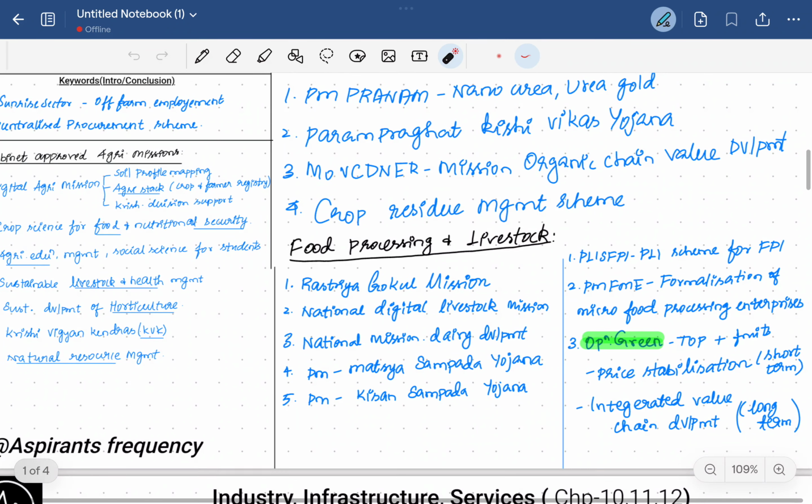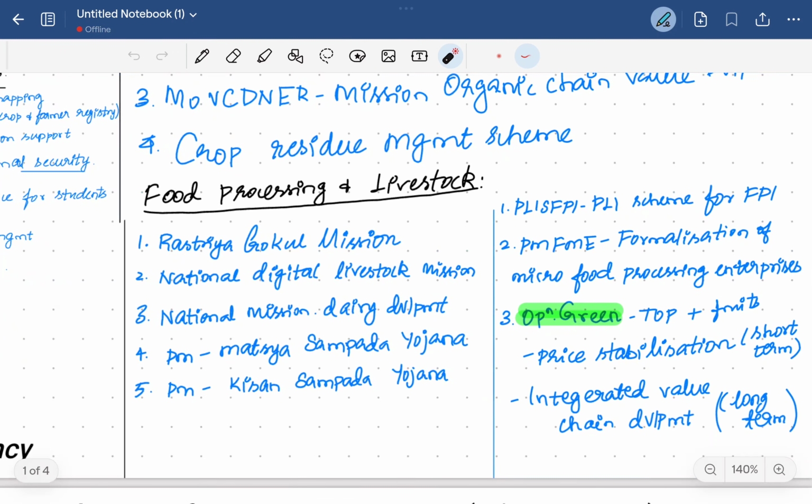Then the food processing and livestock schemes discussed here are the Rashtriya Gokul Mission, National Digital Livestock Mission, and National Mission for Dairy Development. These are the missions basically for improving livestock productivity, because India is the largest consumer of milk and also the largest producer of milk. So these are the missions which take care of the health of livestock, promoting infrastructure facilities and healthcare facilities.